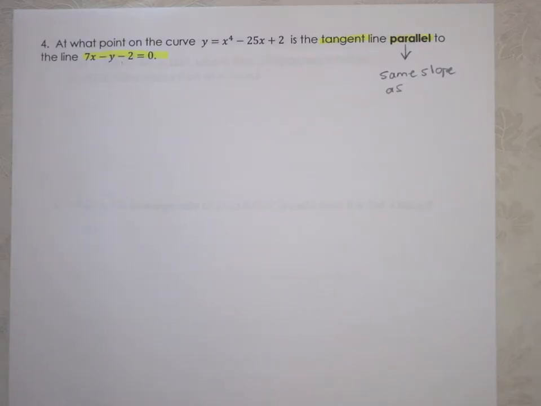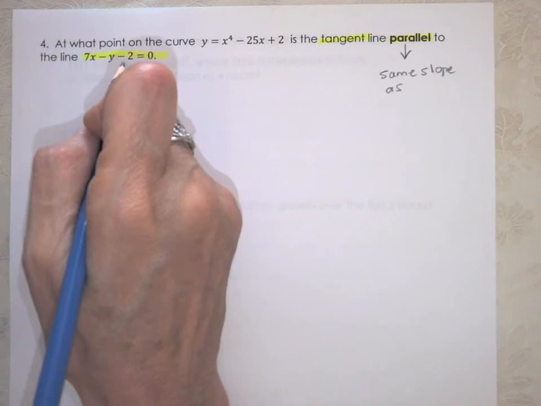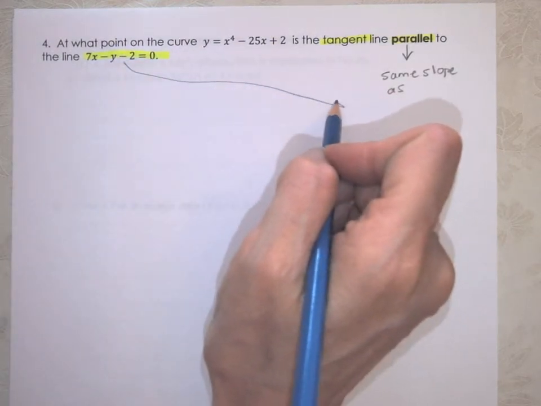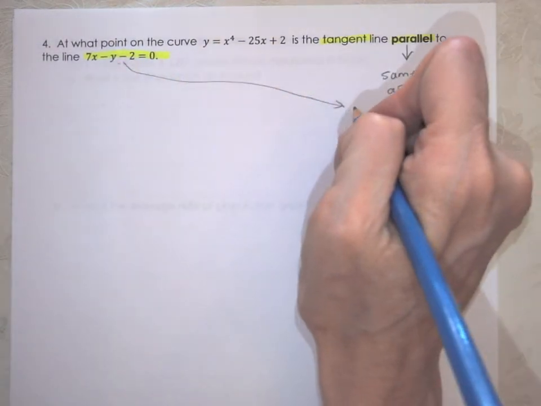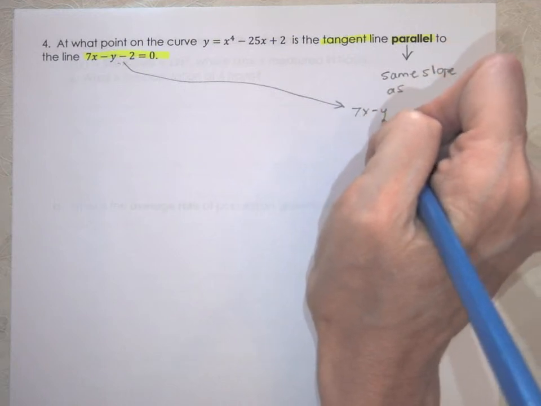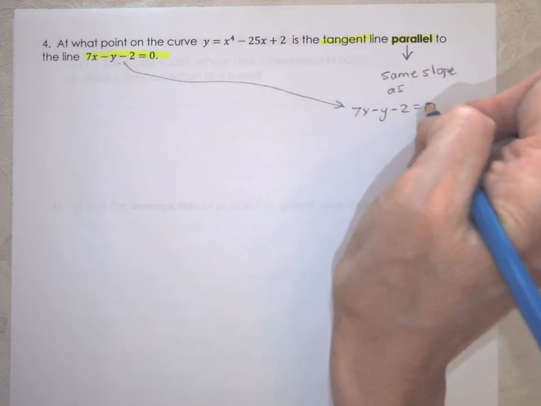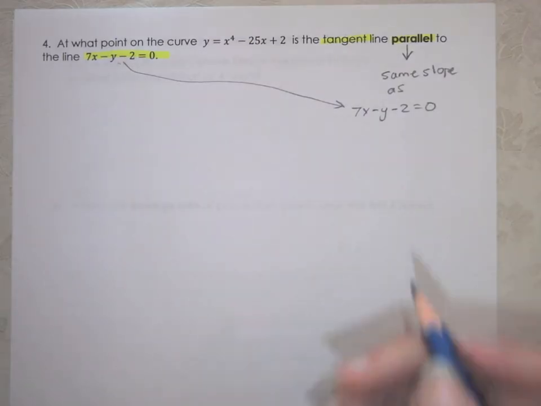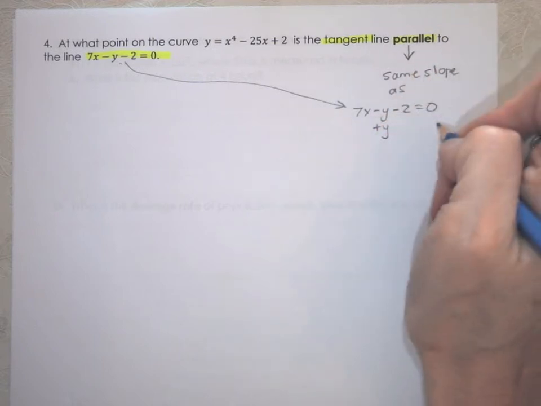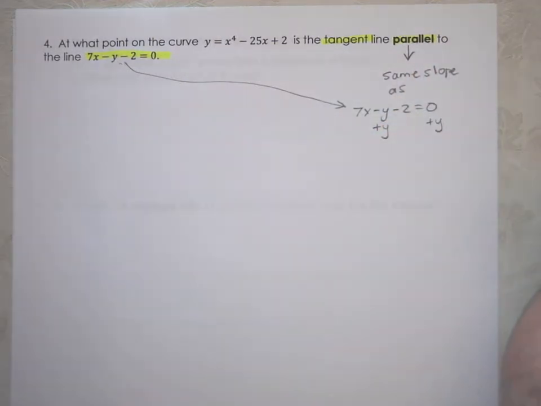Okay. So, well, one thing we'll want to know is what's the slope of this line here? And we know that if we have it in the form y equals mx plus b, we'll know the slope. It will be the m in y equals mx plus b.